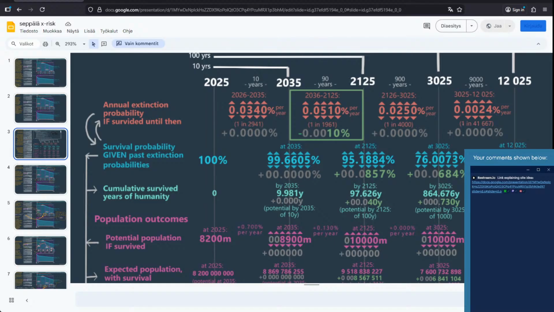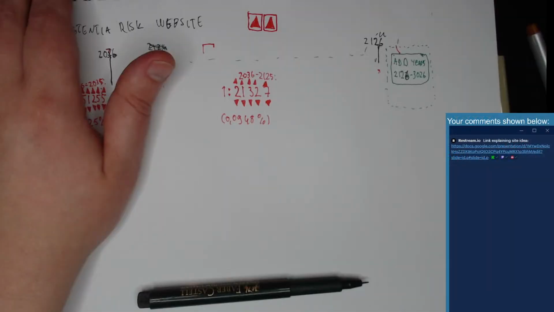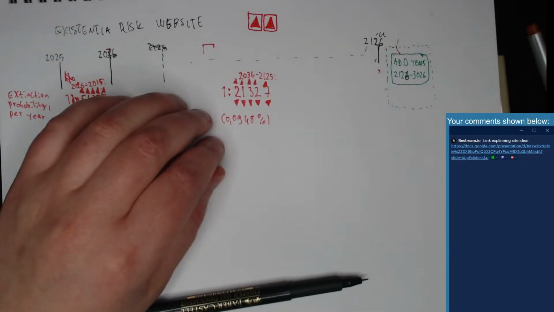What's happening a lot here, especially if I add this, you see the gray numbers there. If I add those, it's going to take a lot of vertical space.